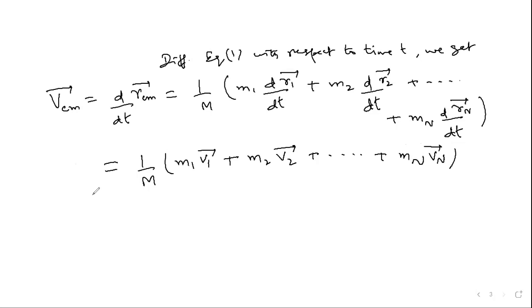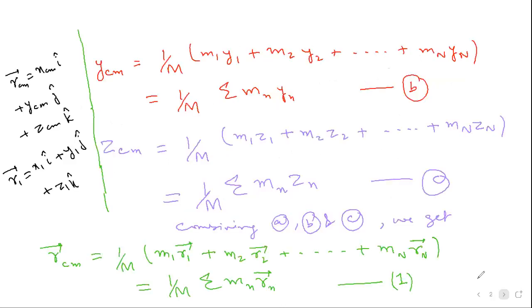This is my velocity of center of mass, or I can write it in compact form 1 over m summation m small n v small n. I name it equation second. It gives me the velocity vector of the center of mass.